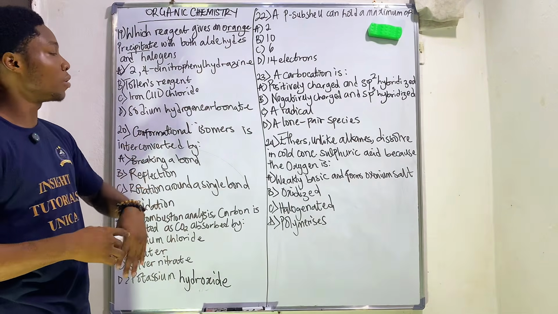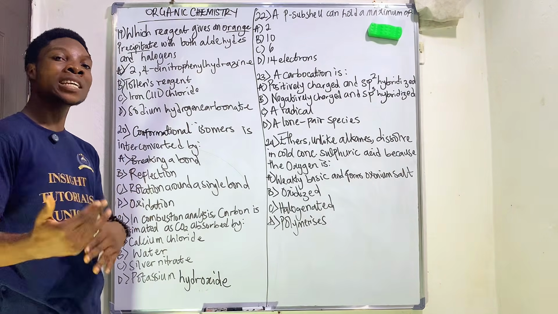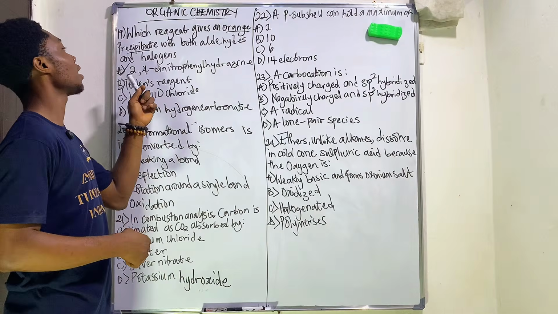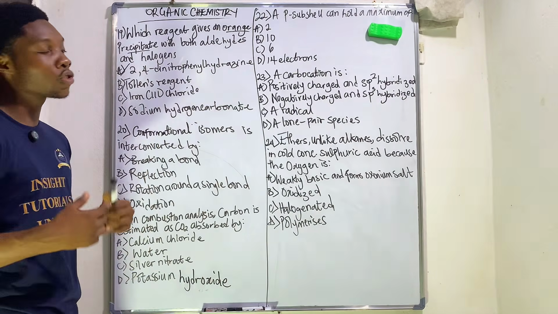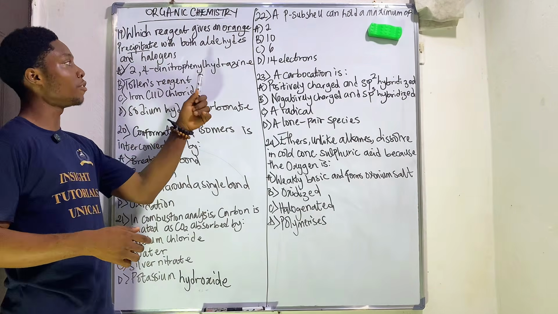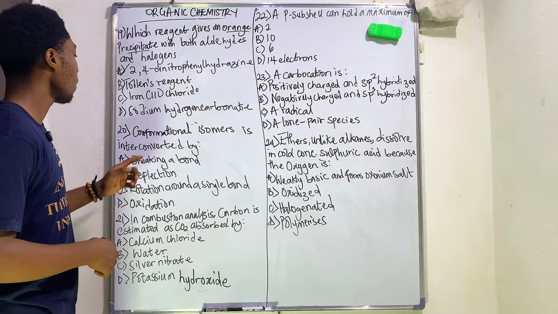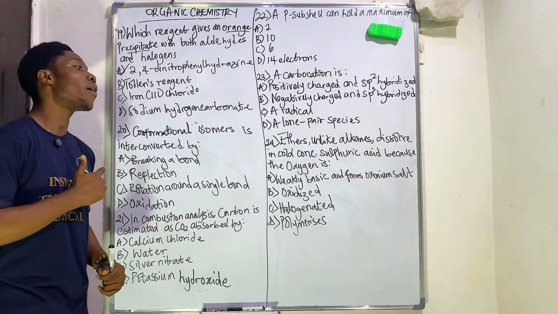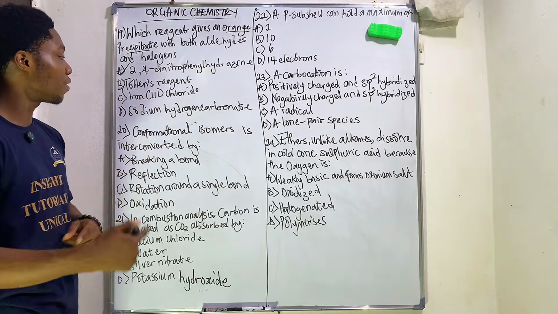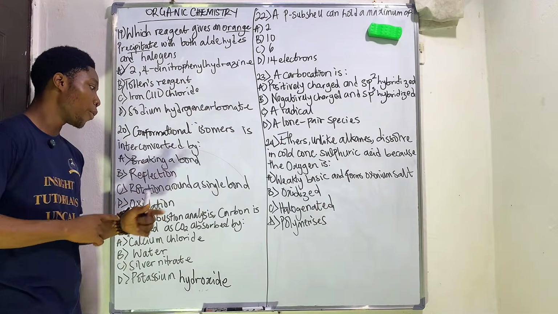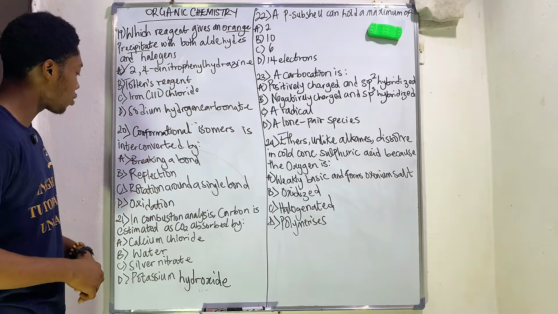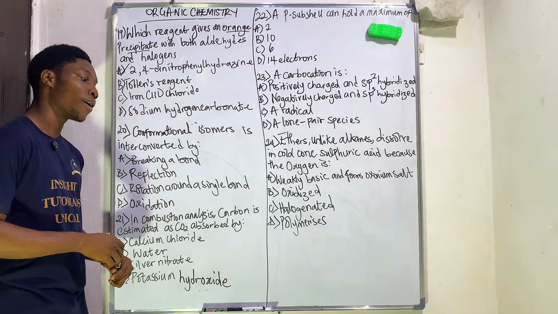Sodium hydrogen carbonate is used to test for carboxylic acid. So the correct answer here is 2,4-DNPH, or 2,4-dinitrophenylhydrazine.